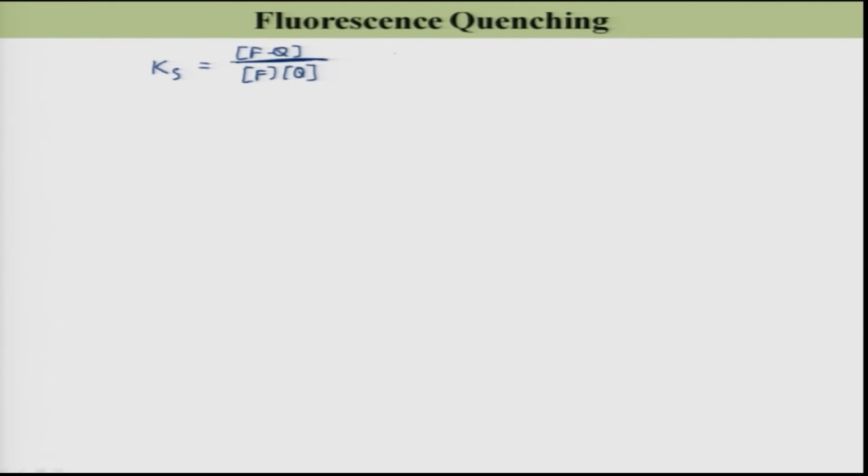So, what I was telling, that when the value of K S is too small, so probably such a situation is not suitable for complex formation.